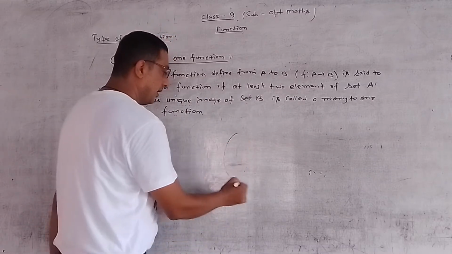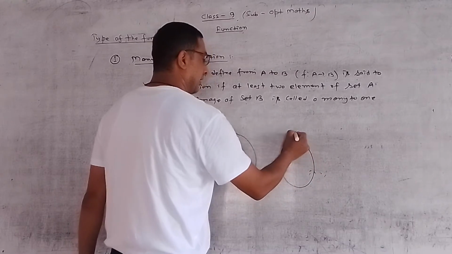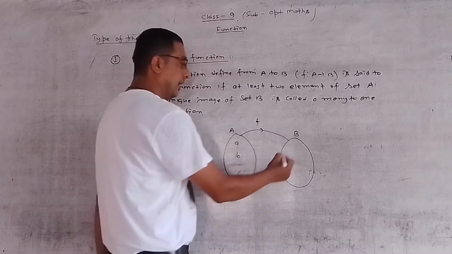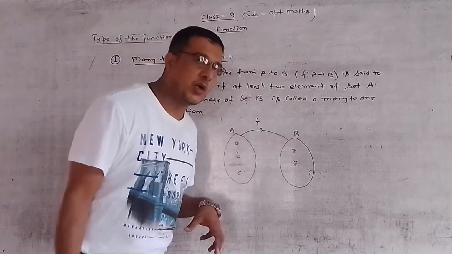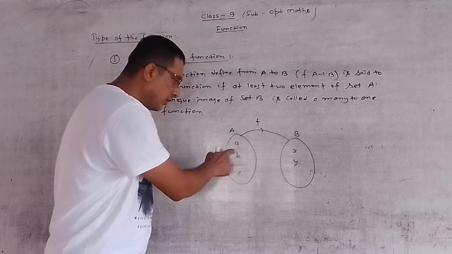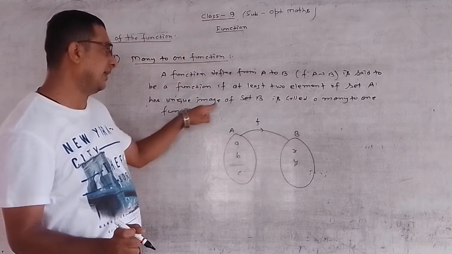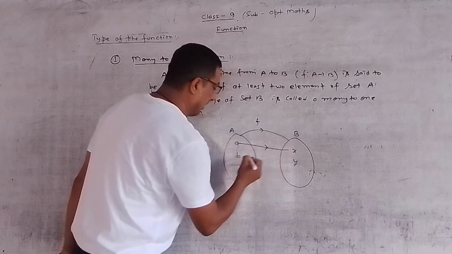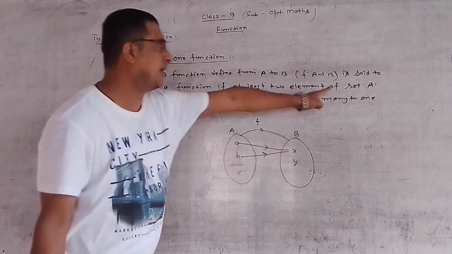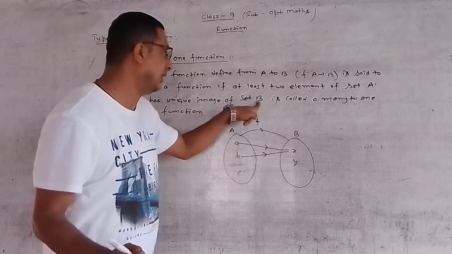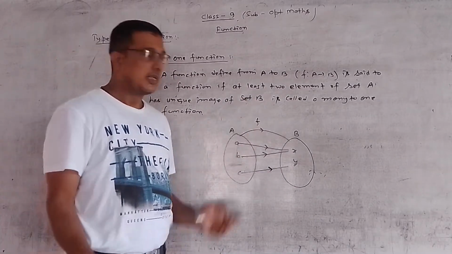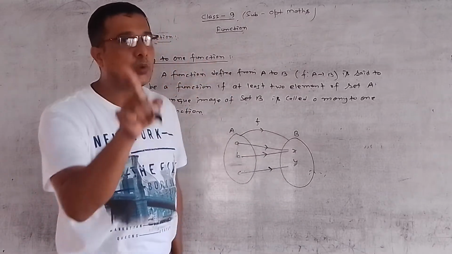From the arrow diagram, here is set A, here is set B, and the function is defined from A to B. Here are A, B, C, and here are X, Y. According to our definition, at least two elements of set A have a unique image in set B. At least two elements of set A map to one element of set B. It is a many-to-one function, not separate image one-to-one.